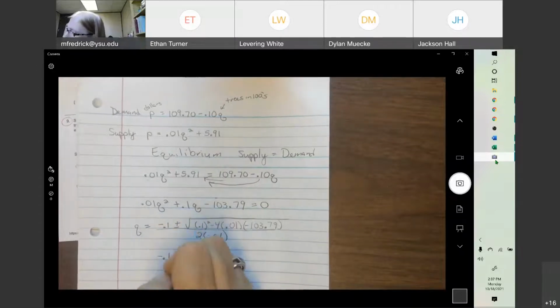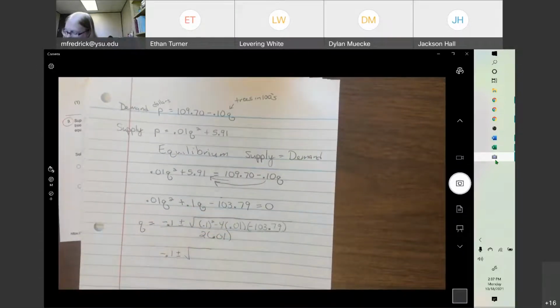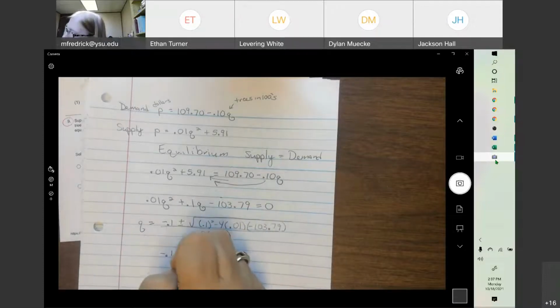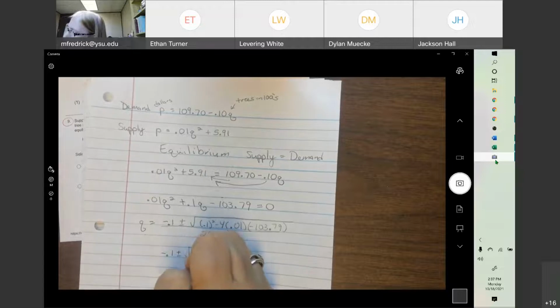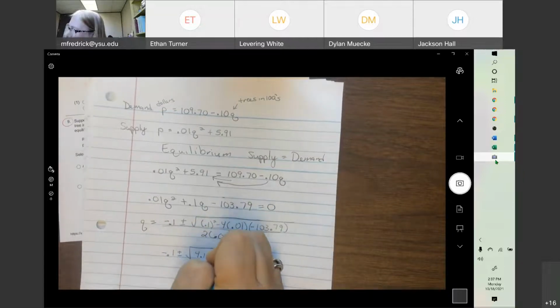Doing underneath the radical, we have 0.1 squared plus 4.1616.